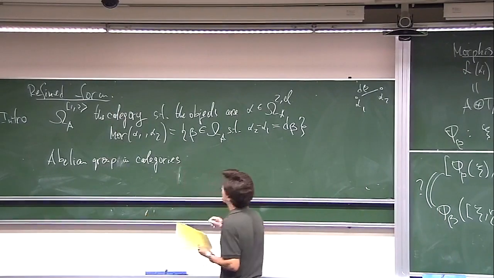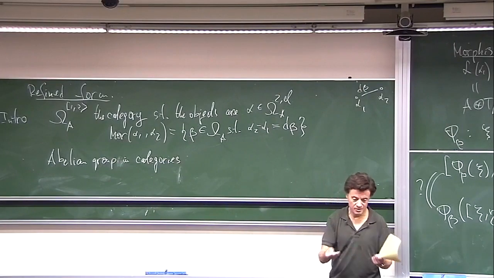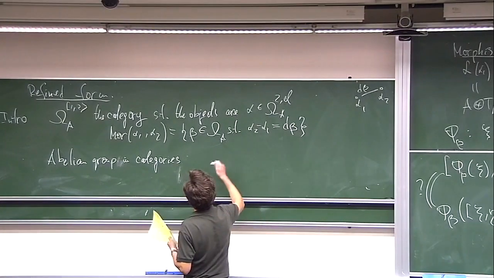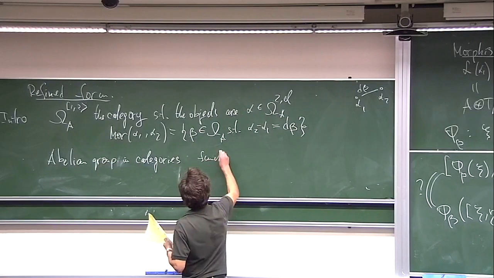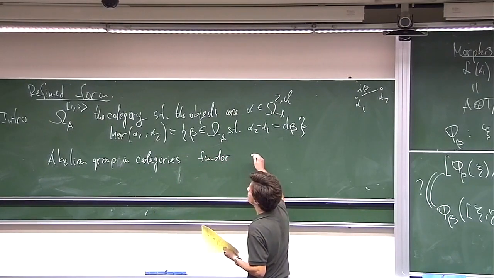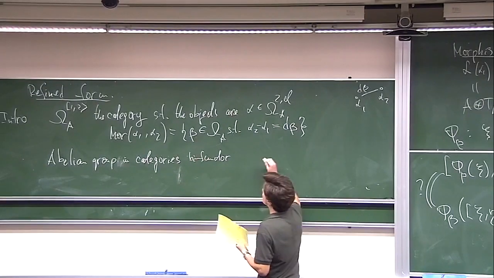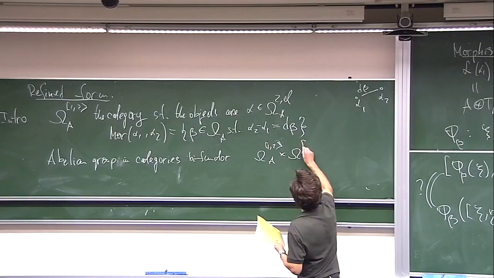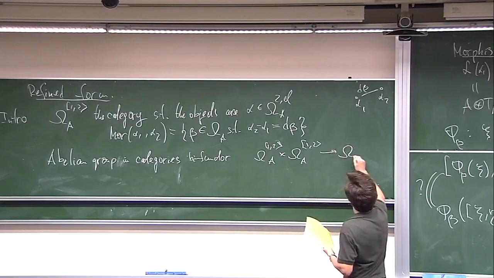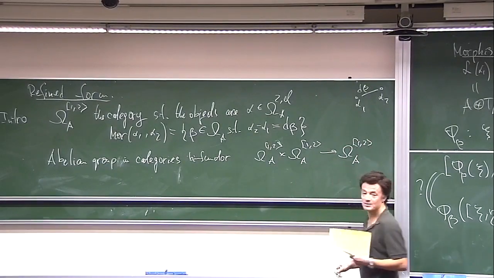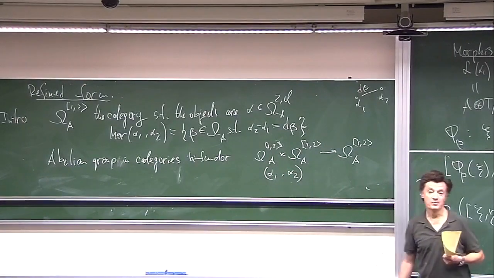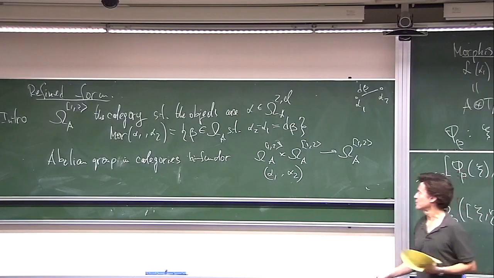So what do we have in an abelian group? A set and an addition. What do we have here? Instead of a set, we have a category. An addition is a function, so a bifunctor actually. The bifunctor assigns to a pair of objects like this the sum, of course.